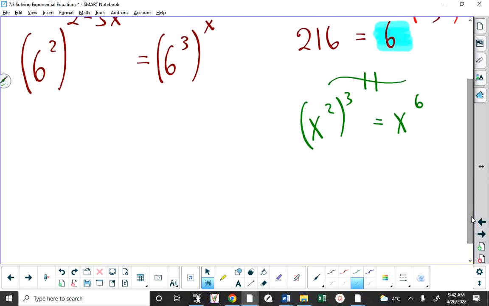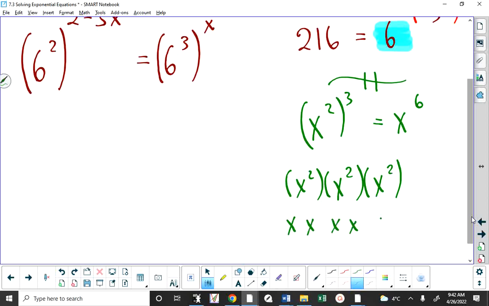It's actually an exponent of a power, but it doesn't really matter. The reason this works, that you multiply these two exponents, is x squared cubed means x squared times itself 3 times. And that means x times x times x times x times x times x. So you get 6 x's being multiplied together.